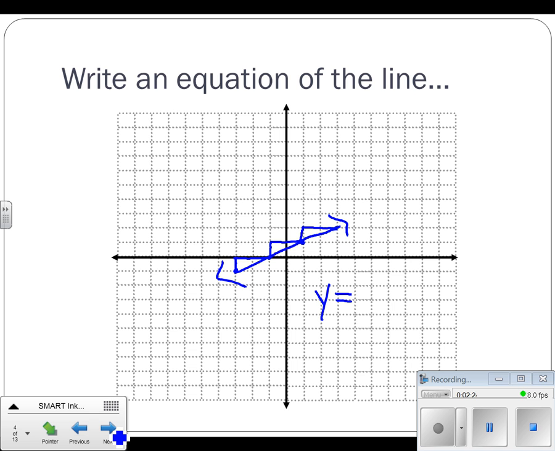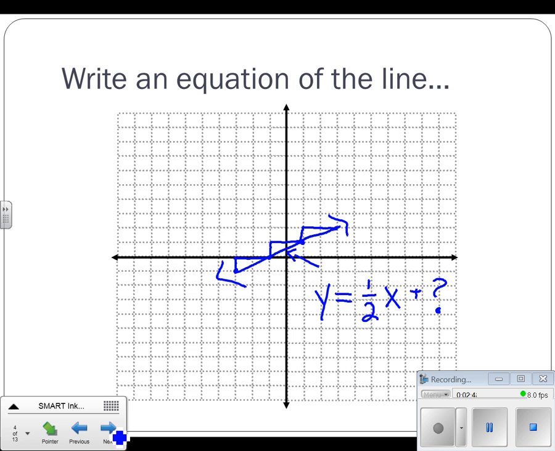So it looks like positive 1/2 x. And then we look at the y-intercept, and we go, wait a minute, that y-intercept is not at a whole number, so we're not really sure exactly where that y-intercept is. So slope-intercept form is one form a linear function can take.